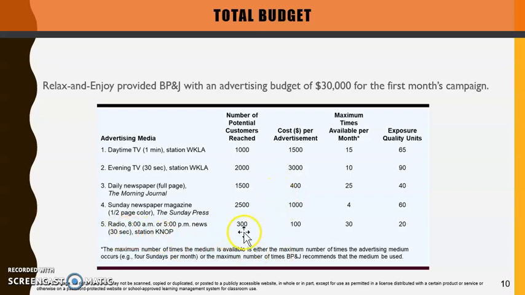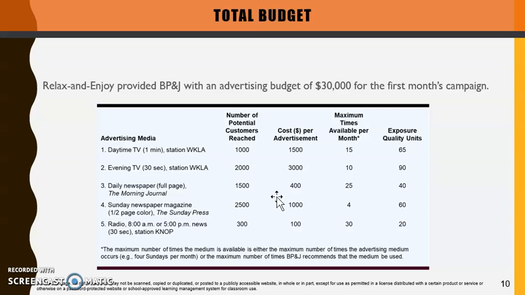For example, for radios, it is $100 per advertisement. Therefore, the constraint should be something like this: the number of daytime advertisements times 1,500 plus the number of evening TV advertisements times 3,000 plus the number of daily newspaper advertisements times 400 plus, and so forth.